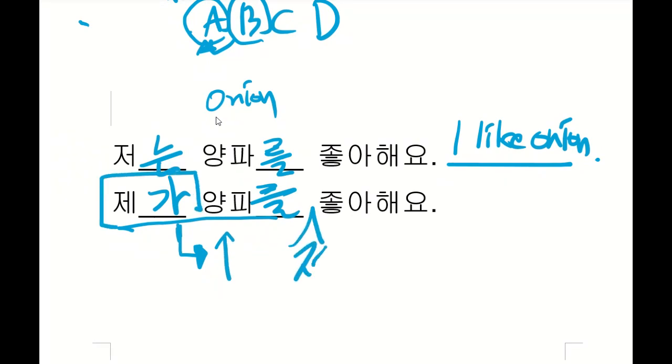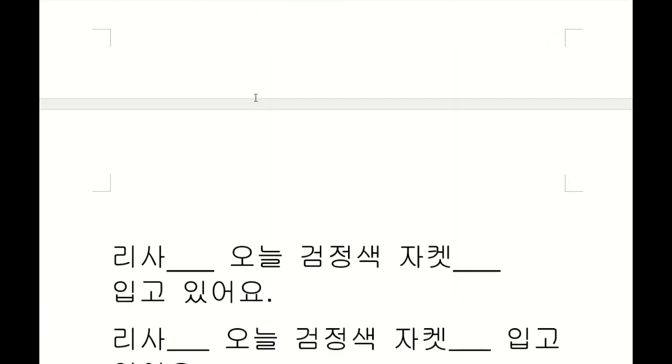Or you can say 정말 좋아해요. 제가 양파를 정말 좋아해요. I really like onions. I actually do. So I put lots of onions in the food I'm cooking. Anyway, 제가. So focus on the subject. Focus on the subject. Okay.